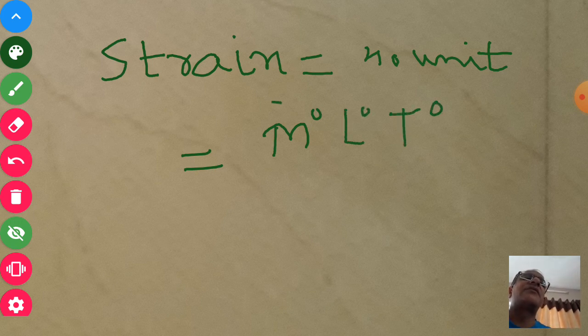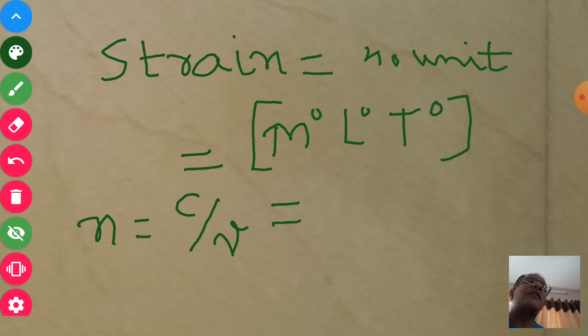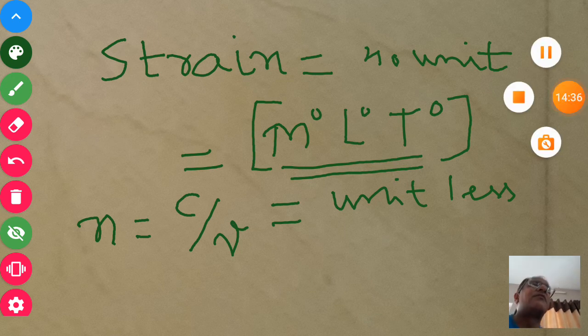No dimensions are there. If you talk about refractive index, try to understand, have you studied this? Refractive index is denoted by n. n is equal to velocity of light in vacuum upon velocity of light in medium. Now both these quantities are having the same units in the numerator and denominator, that is meter per second. So this will be unitless, and the dimensions of refractive index will also be M0 L0 T0.